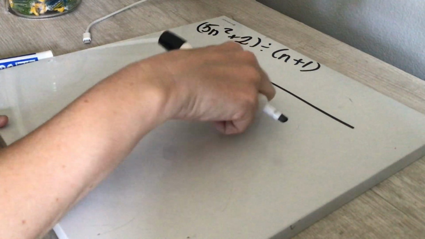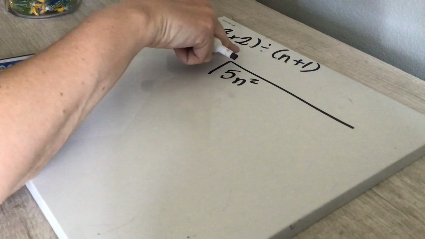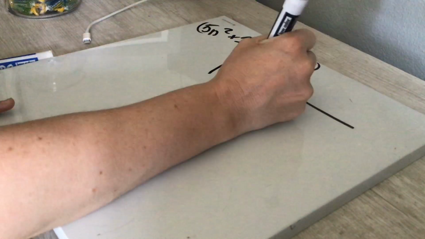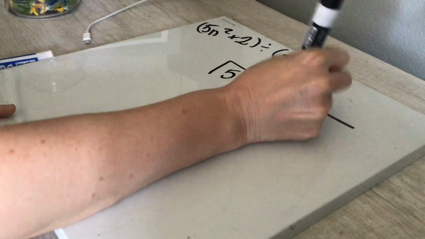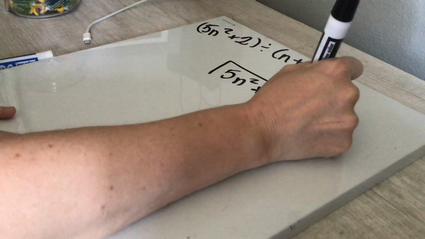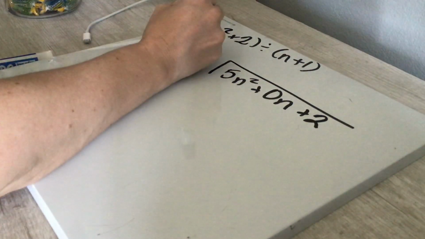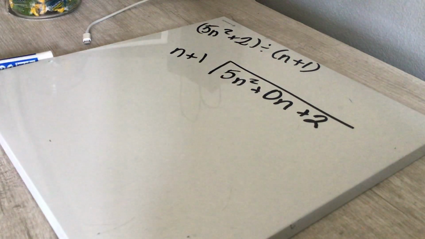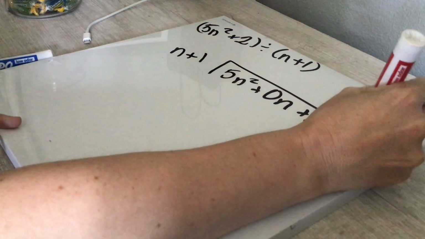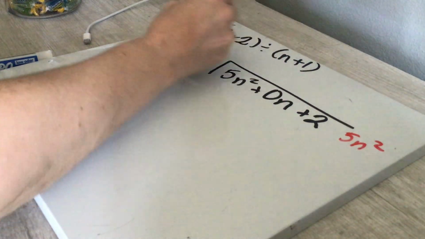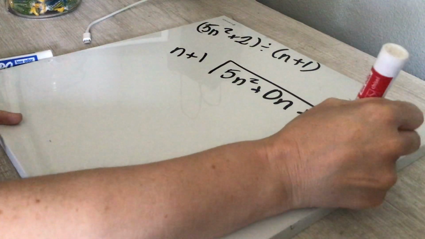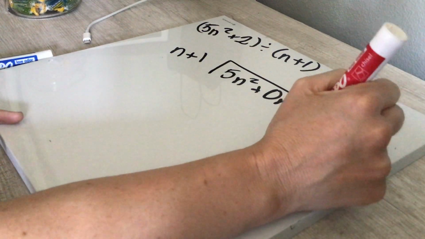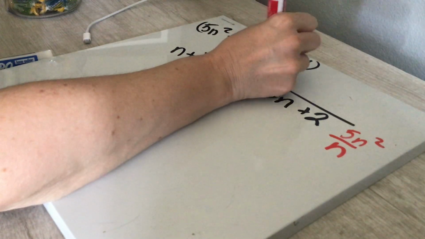Then the terms with an n. Do I have any terms with n? I don't, so I'm going to add 0n. It's like our placeholder. Then plus 2. And then this goes on the outside, so n plus 1. Same steps. So do 5n squared, the first term, divided by the first term. So 5n squared divided by n is 5n.